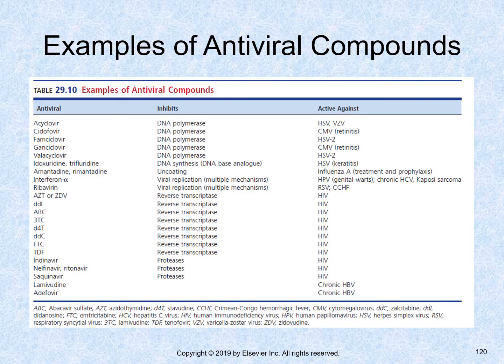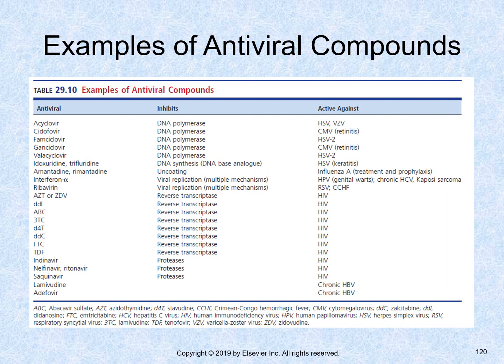Examples of antiviral compounds and the target mechanisms that they disrupt are listed in Table 29.10. Examples include the antivirals for viruses such as HSV, varicella, and CMV, so those compounds inhibit DNA polymerase.